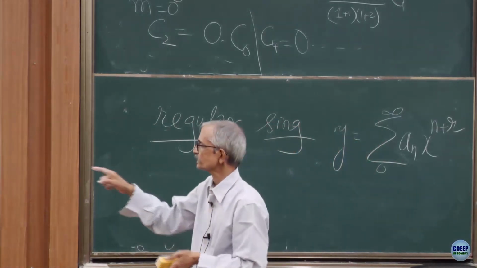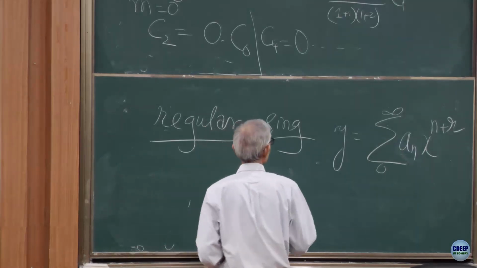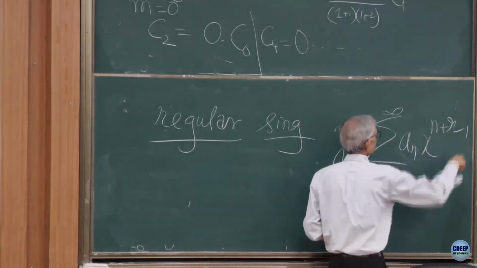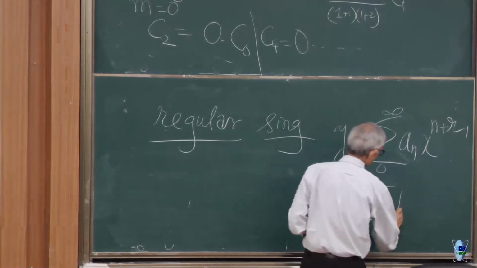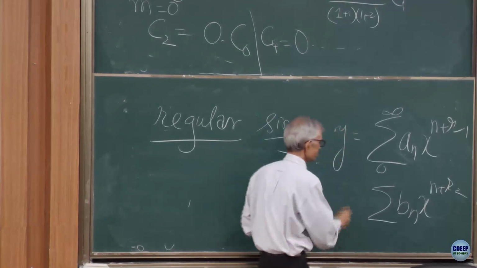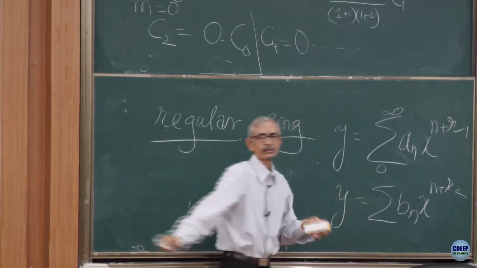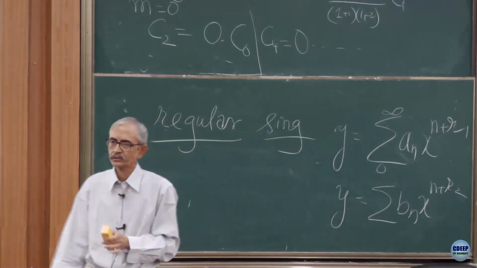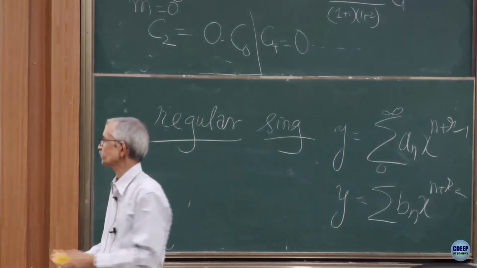The solutions are y equals the summation of a_n x to the n plus r1, and then some b_n x to the n plus r2. So the solutions are clean. You can get the solutions y1 and y2. There's no problem with that.